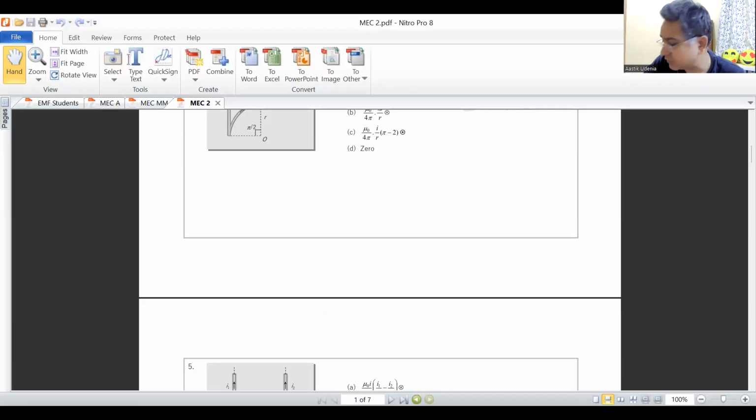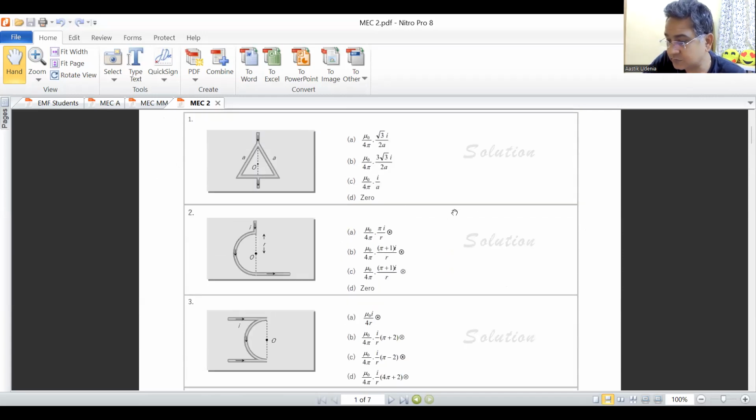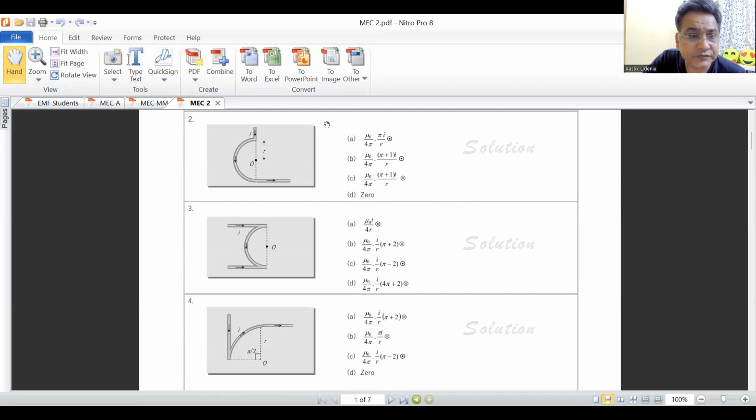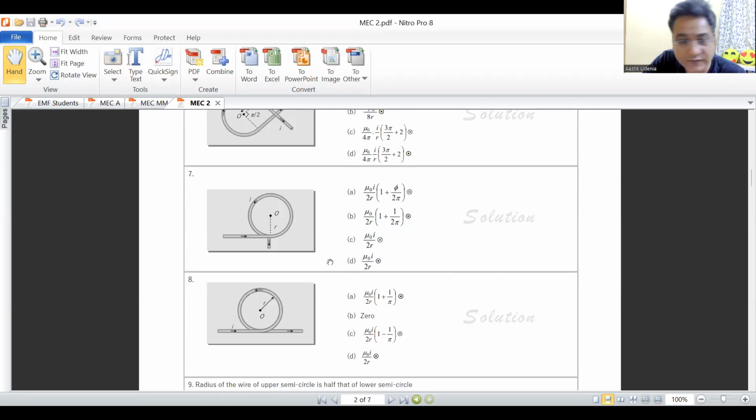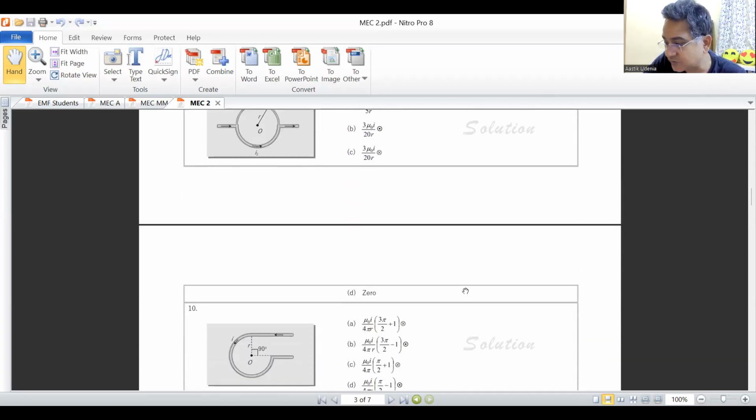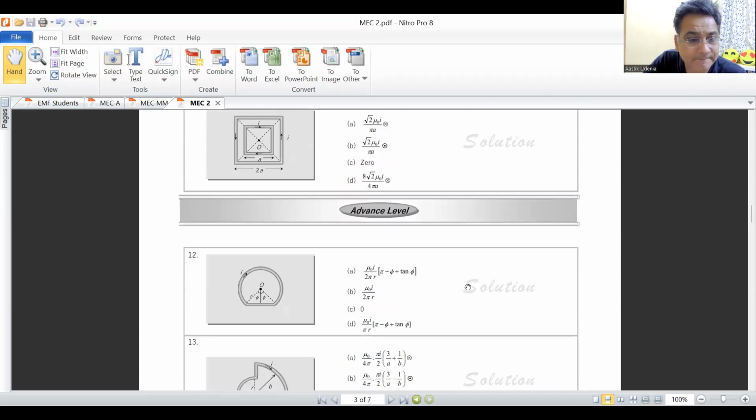This sheet I'm talking about. Do we see this sheet? You didn't see this sheet? I've sent you this magnetic field sheet. So try questions from this sheet, okay? Okay, sir.